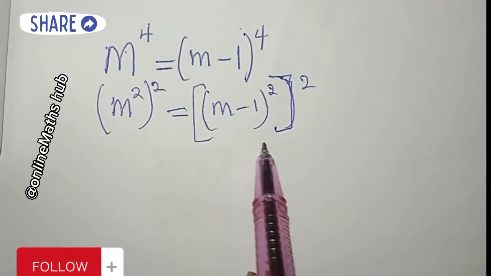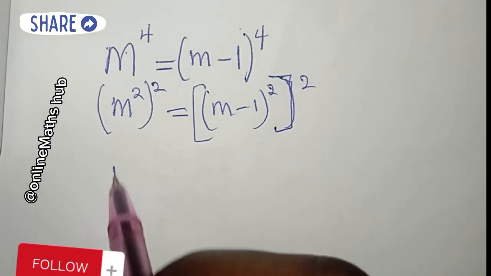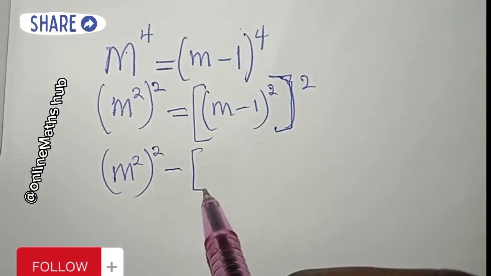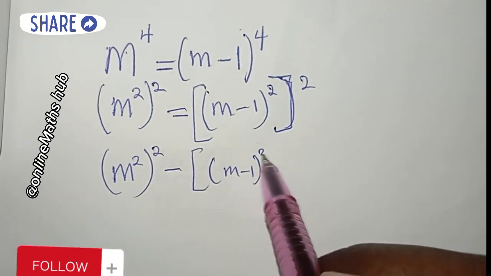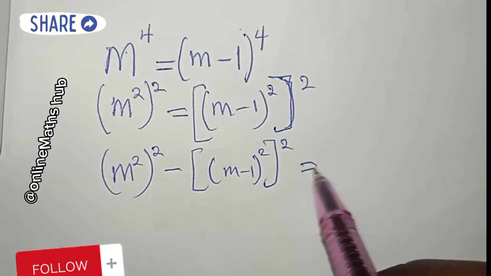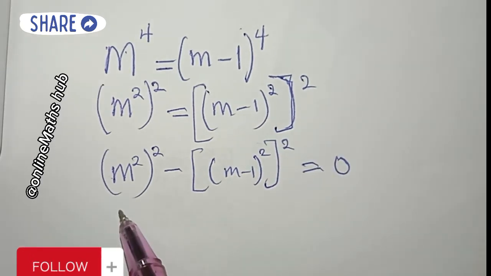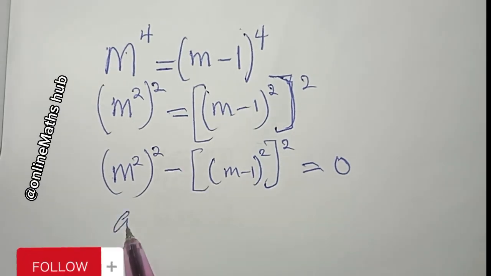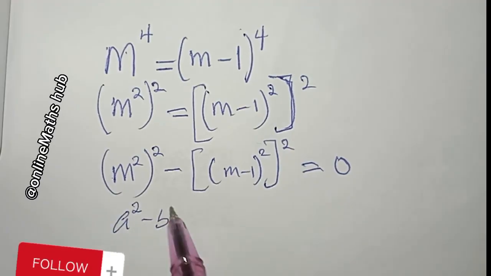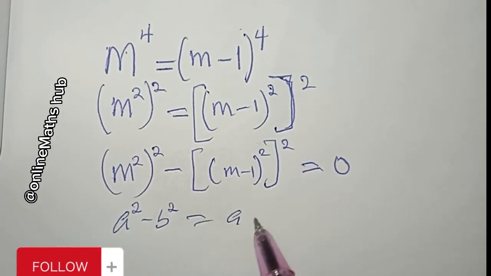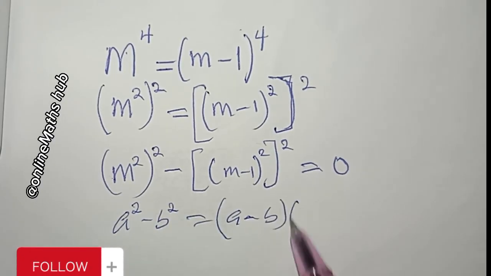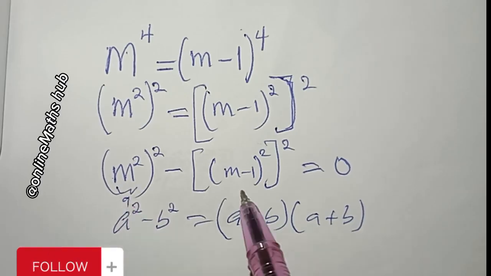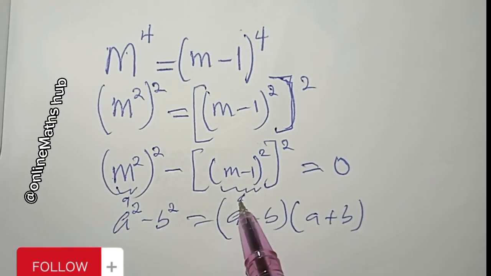If I bring this one to the left hand side, what I'm going to have is (m^2)^2 − ((m − 1)^2)^2 = 0. You see that it is looking like a difference of two squares. And of course you remember that a^2 − b^2 can be written as (a − b)(a + b). In this case this represents our a, and this one represents our b.